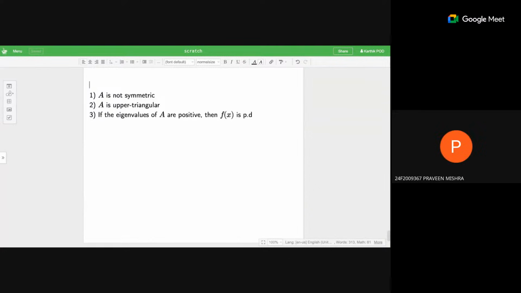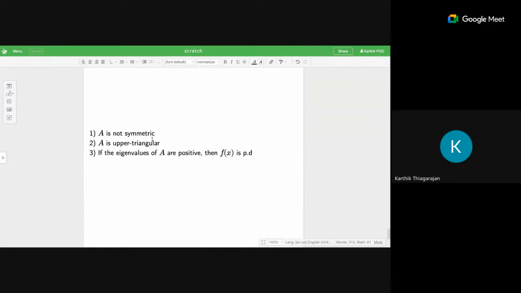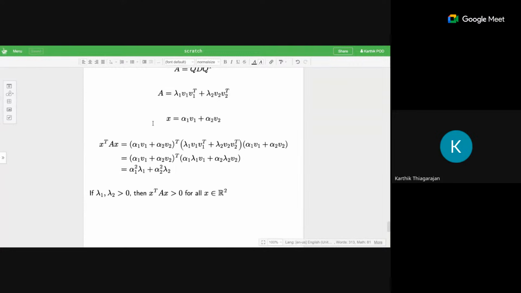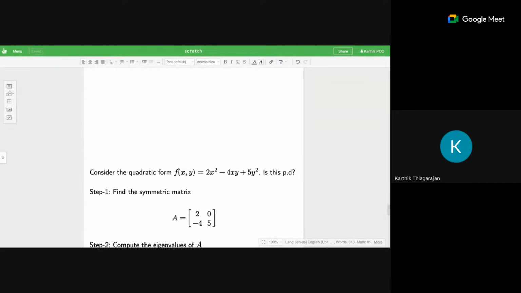So is he saying about converting the matrix, like doing LU decomposition of a matrix, then checking for eigenvalues? No, see, the point is, if you are given f of x, this is the question we want to answer.